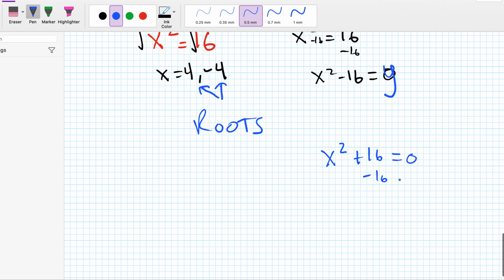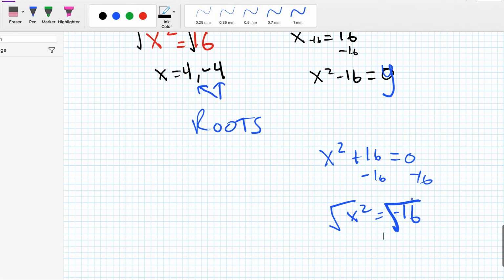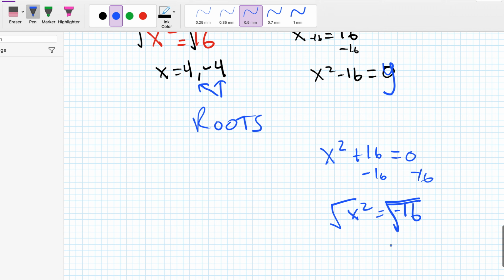So when I subtract 16 on both sides to solve without graphing, I'm going to have negative 16. When I square root it, I'm going to end up with square root of 16 and square root of negative 1. We can separate them. So we're going to have positive negative 4, and the negative square root we learned is the letter i, or imaginary numbers.